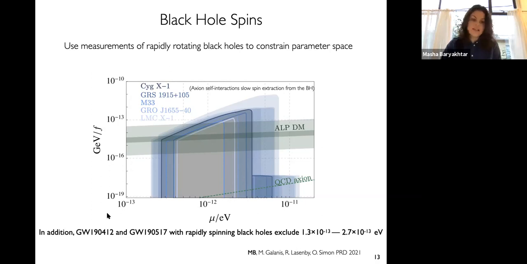And in addition, not shown here, there's an analysis, as I said on the previous slide, in LIGO Virgo data, where these two black holes, which had initially rapidly spinning black holes, can exclude another factor of about 2 in mass of axions down here. So this is already teaching us something interesting about this axion parameter space.